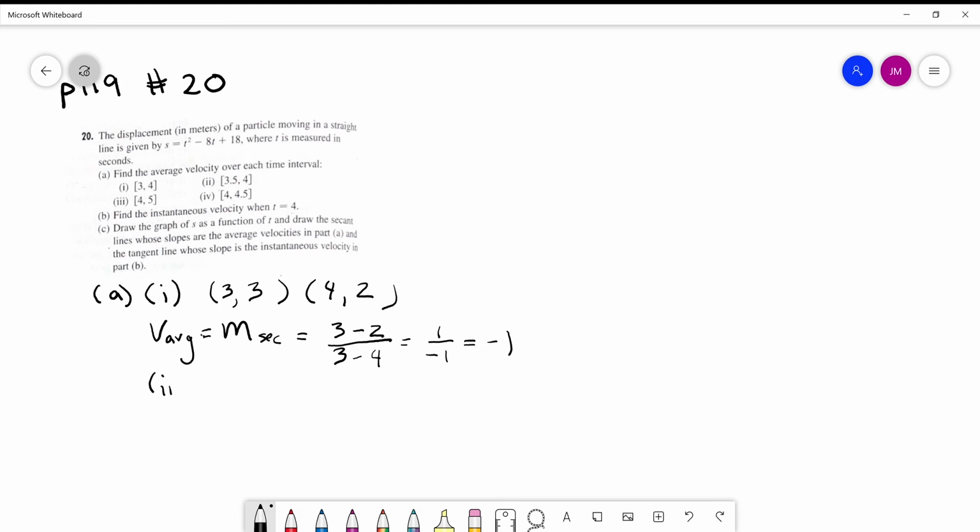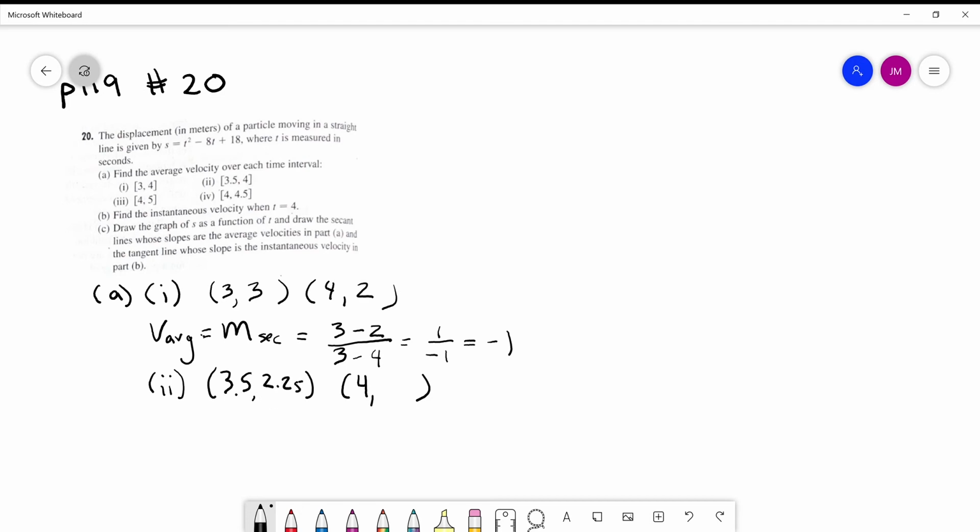For the second example, we are finding the average velocity from 3.5 to 4. So 3.5 is my first x value, and 4 is my next x value. 3.5 gives us a y-coordinate of 2.25.